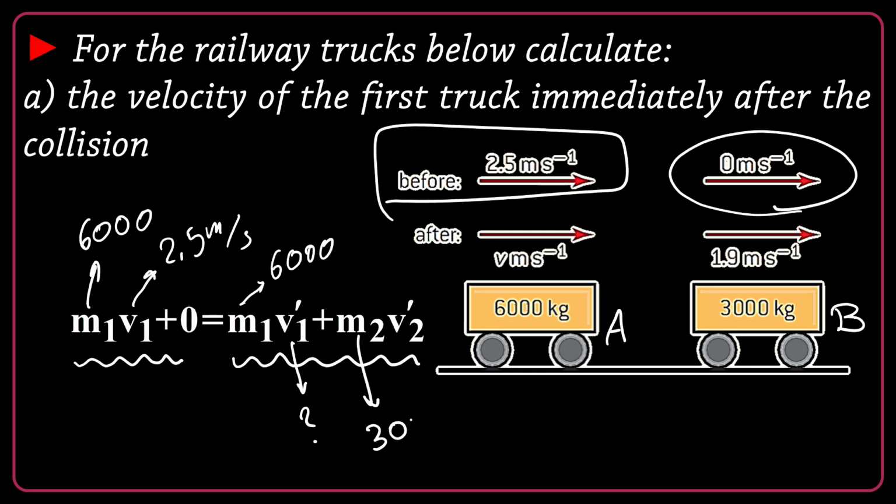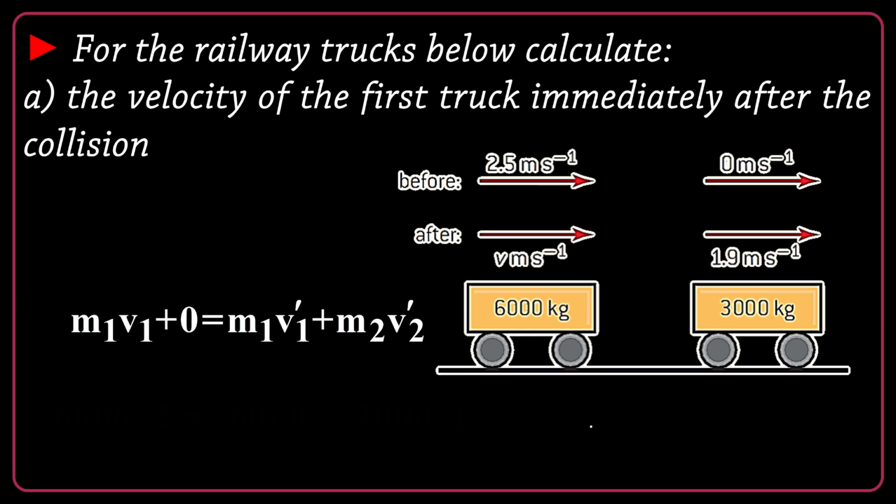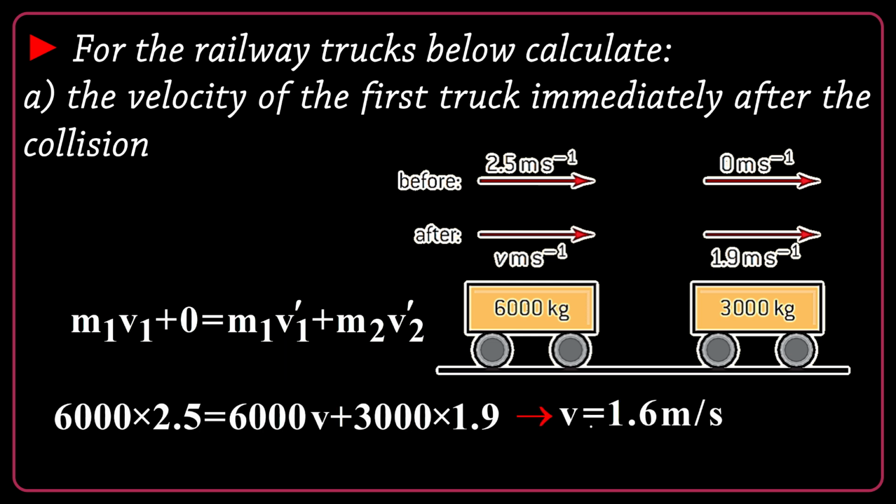M2 is 3,000, the mass of cart B, and V2 is given as 1.9 meter per second. So let's plug in the values and find the velocity of the heavier cart A after the collision. It's 1.6. The positive sign means that the heavier cart A is still moving rightward.